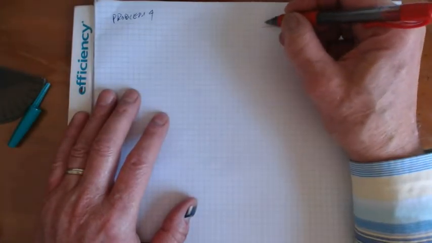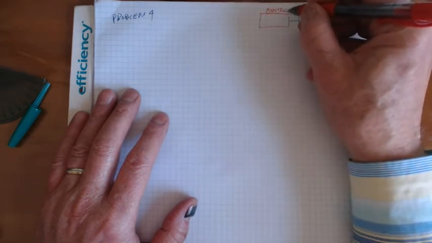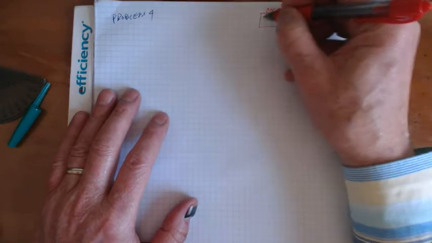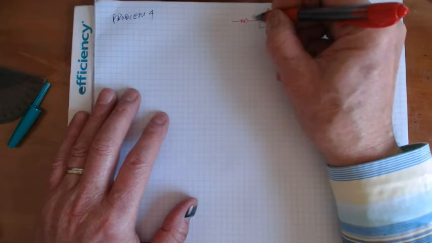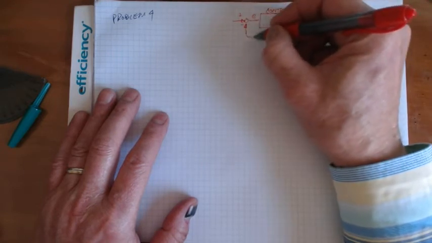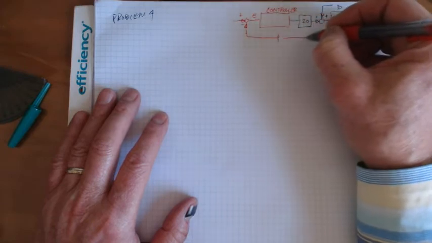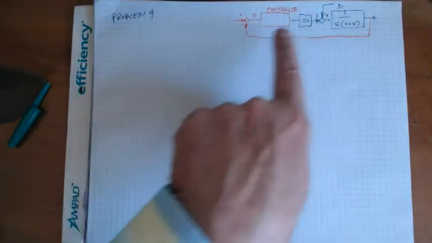This time I'm going to leave it a little bit more vague here. I'm just going to say this is the controller. The controllers, we always want to find the error. I'm going to do this too because I still want to emphasize that what we're looking at is the open loop system.